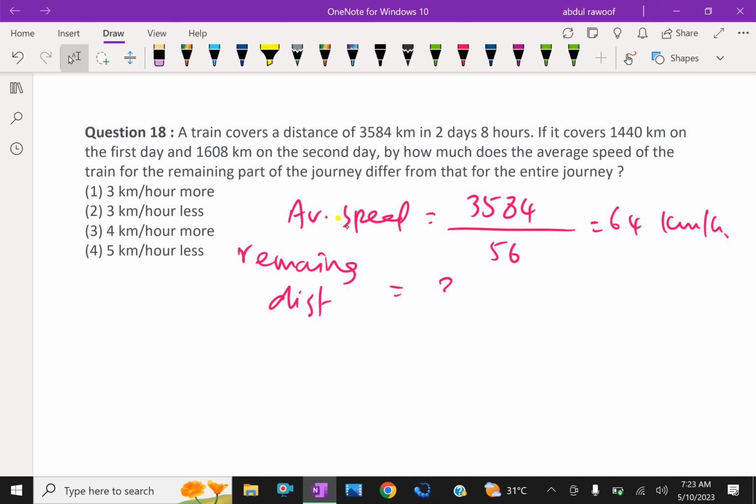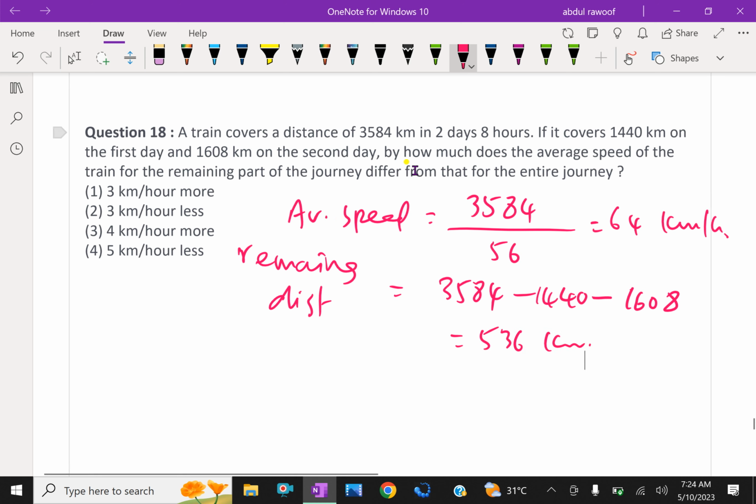Remaining distance is 3,584 minus first cover 1,440 and second cover 1,608. This remaining distance is 536 kilometer. This 536 kilometer in 8 hours, because two days finished, the third day is 8 hours.